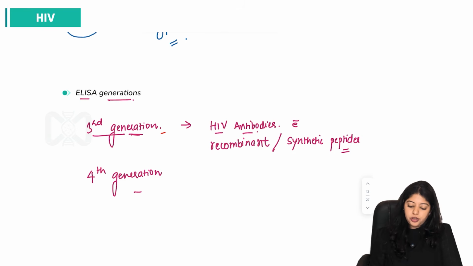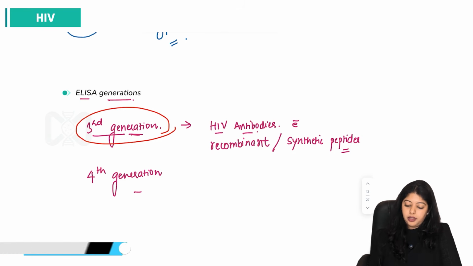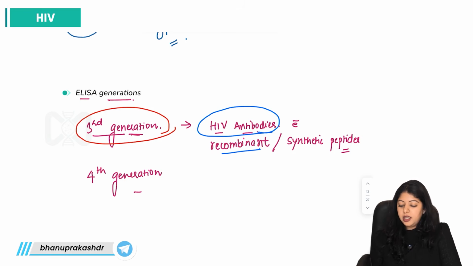So third generation are only detecting HIV antibodies using recombinant or synthetic peptides.